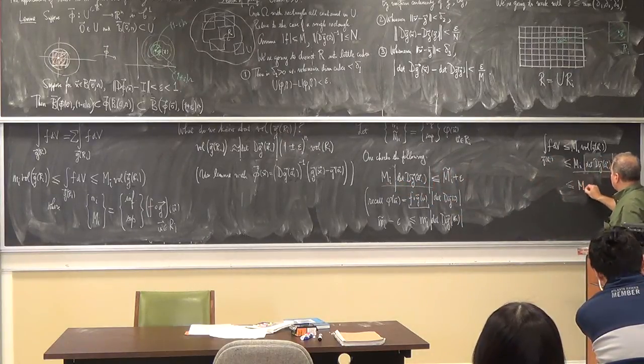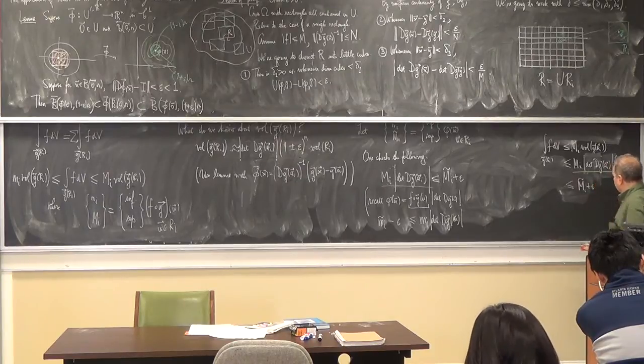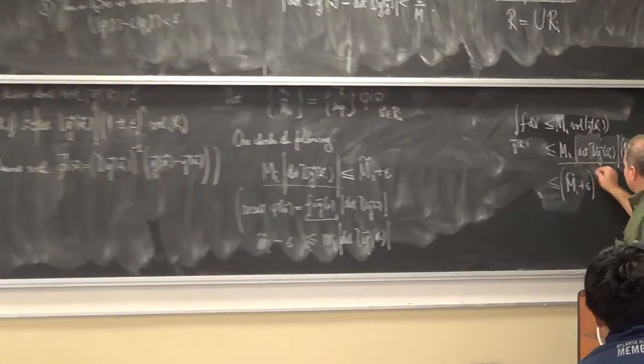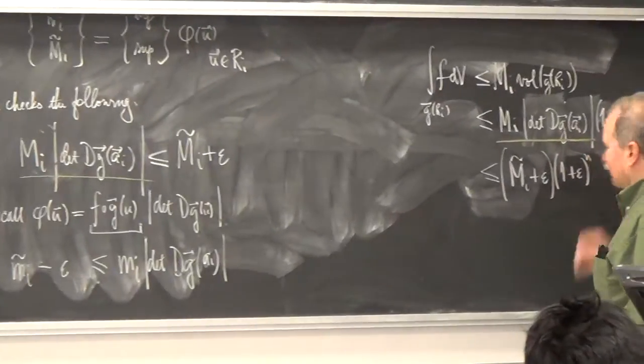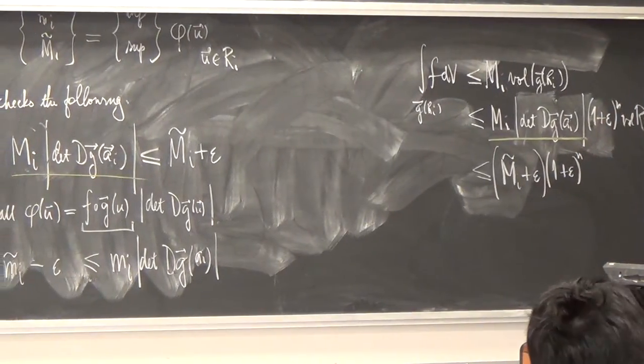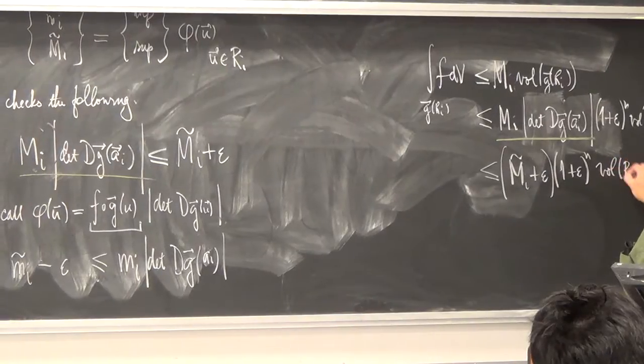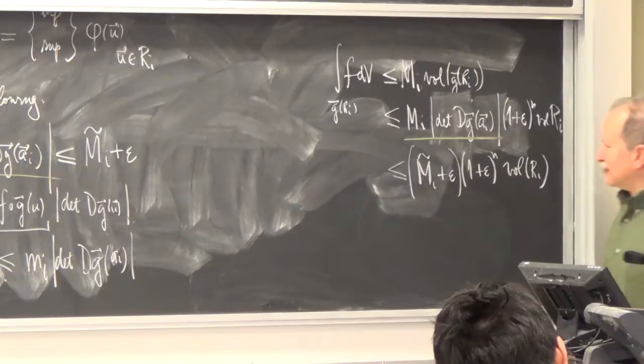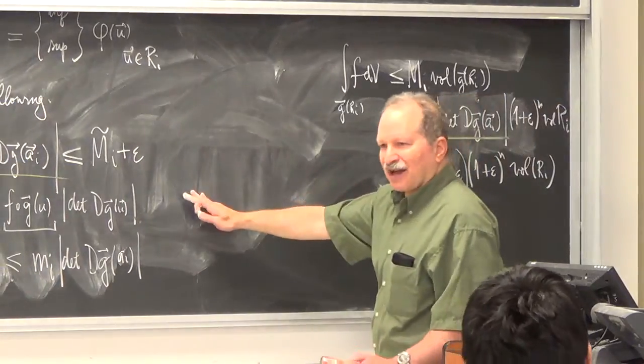This is less than big Mi twiddle, give or take a little, times, well, more or less 1, but a little bigger, times the volume of Ri. And similarly, you'd get something like that on the bottom here.